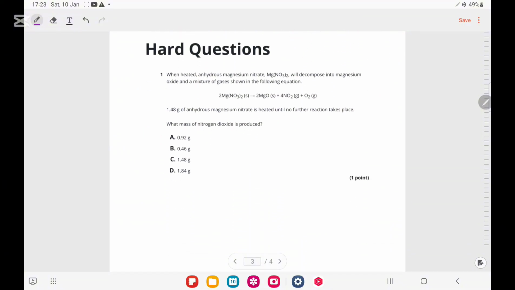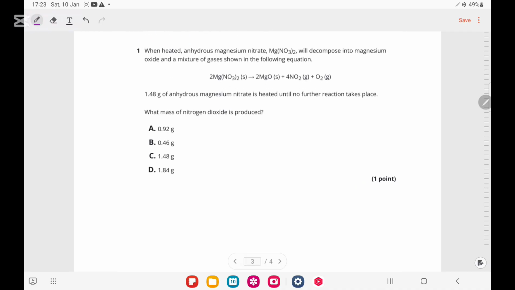For the next question, they say when heated anhydrous magnesium nitrate will decompose into magnesium oxide and a mixture of gases. They have given us 1.48 gram of magnesium nitrate, and they ask us what is the mass of nitrogen dioxide which is produced. So for that purpose we first need to find the mole of magnesium nitrate, and for that we need the molar mass Mr of magnesium nitrate, and that comes out to be 148.33.